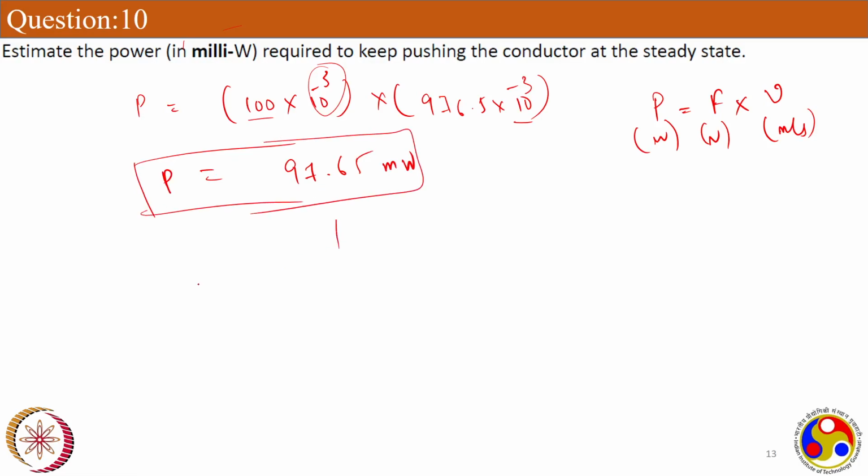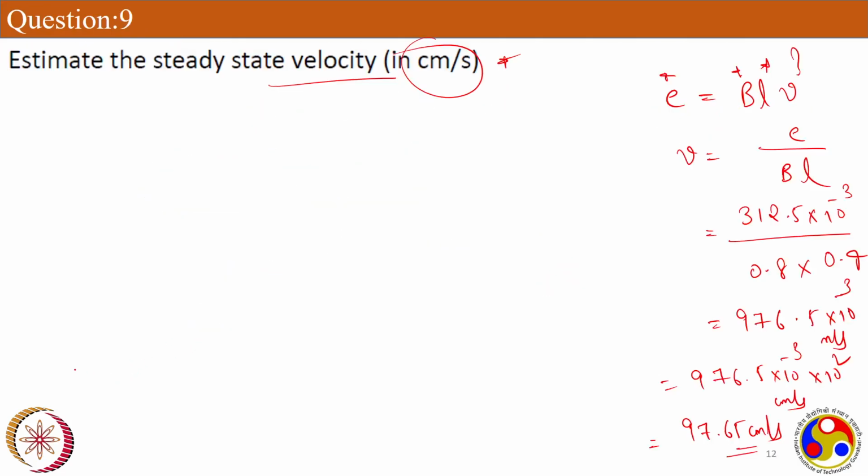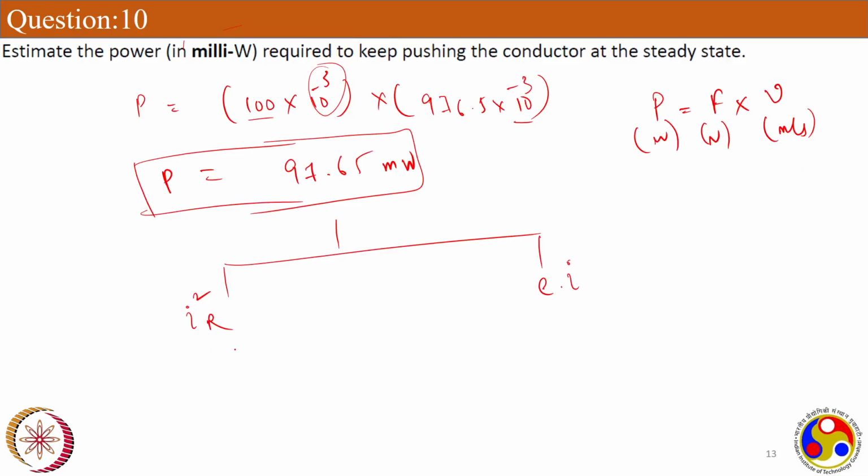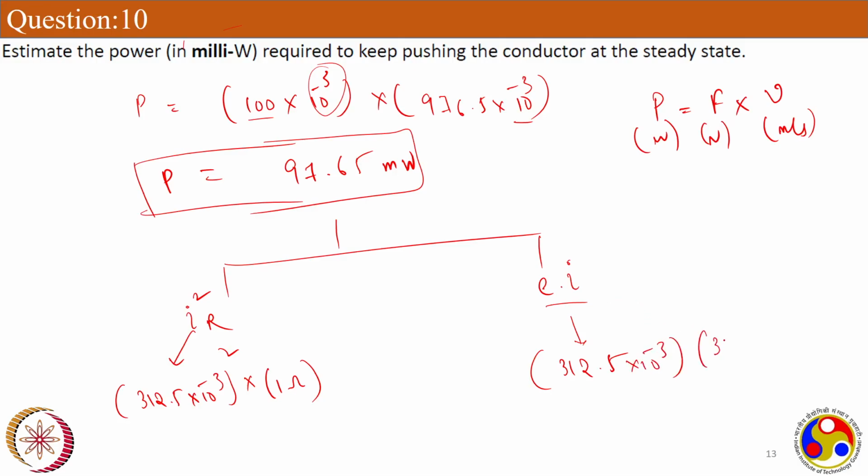Now we already know some basic formulas for power, that is I square R and VI. Now how much current? Current we know is 312.5 milliamps, and E is also the same, 312.5 millivolt into 10 power minus 3, and current is 312.5 milliamps.